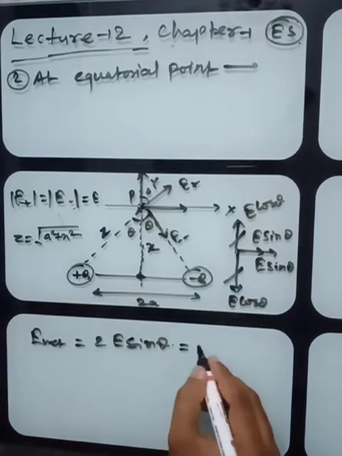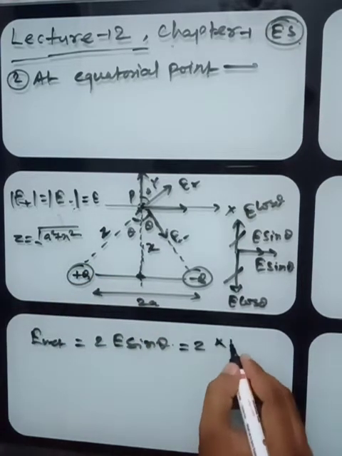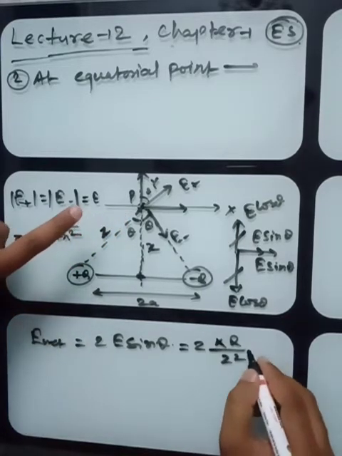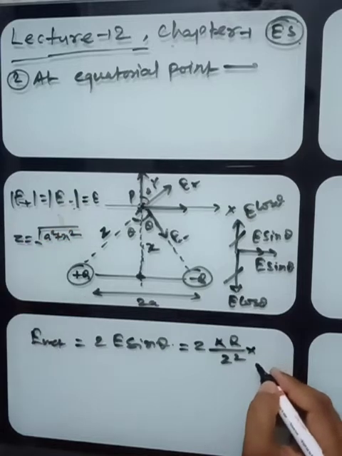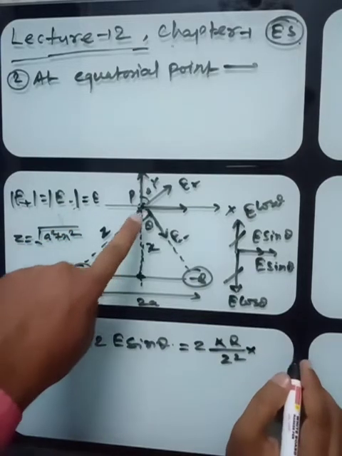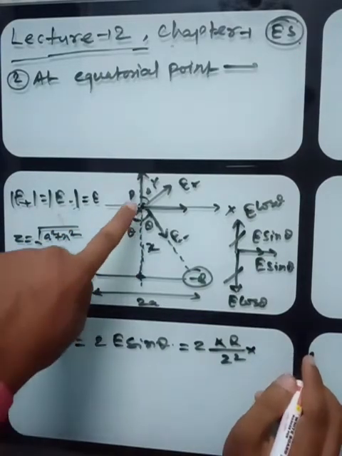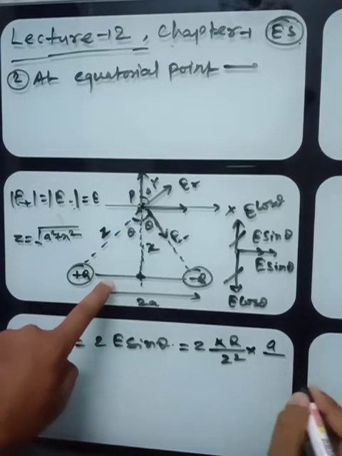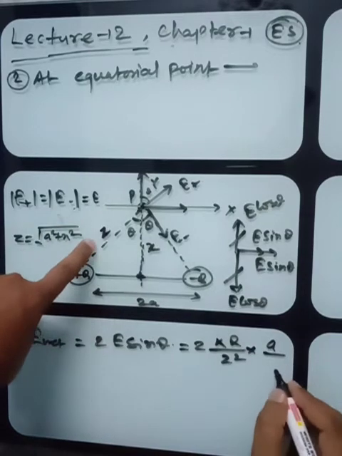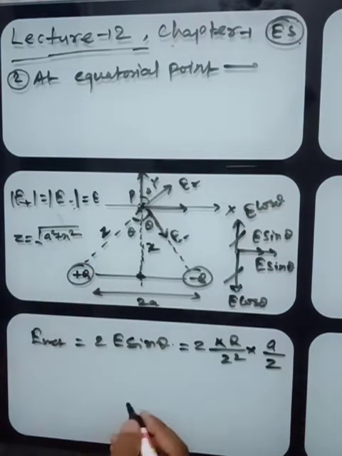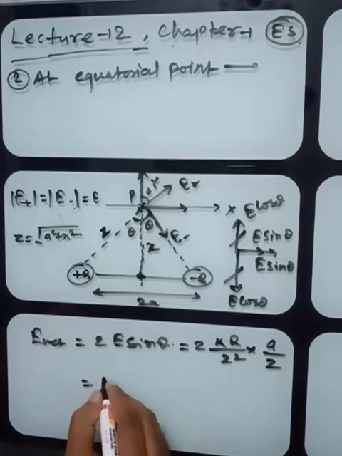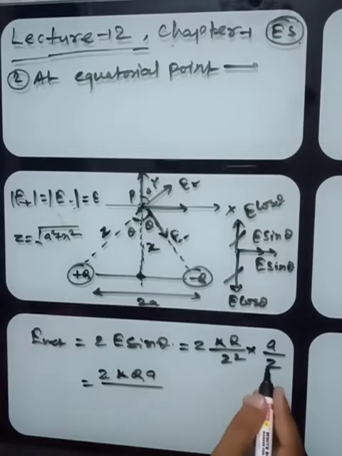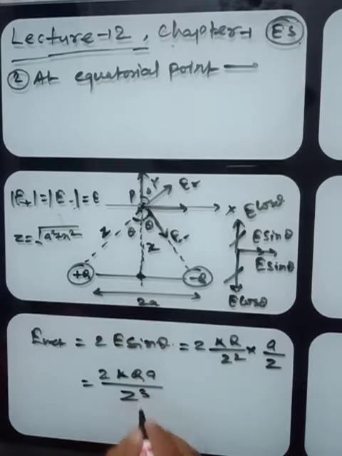And we can write here that 2E is kq over the distance square, that is Z square, times sine theta. Sine theta we can write using this triangle. Sine theta is P by H, so the perpendicular is a and the hypotenuse is Z. So we get 2kqa over Z cubed.